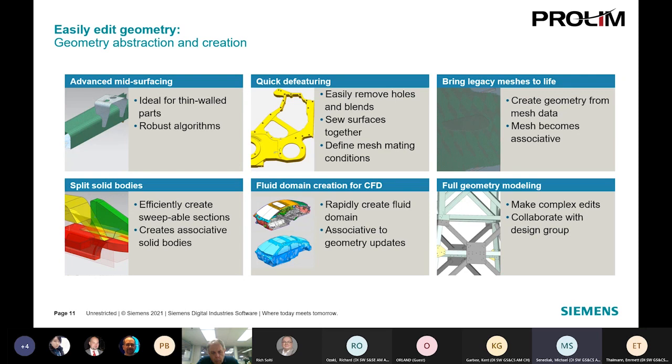Things like splitting up the bodies. For some types of mesh you might want to create a swept mesh, so you want to be able to divide up that body to quickly build those sections of the mesh, and we have very powerful tools to do that efficiently. Same thing you saw with the fluid domain, of the tractor cab, or in this case the car on the screen.